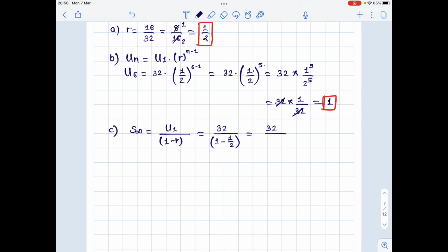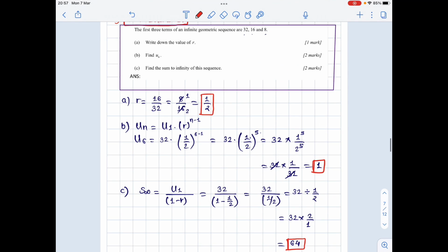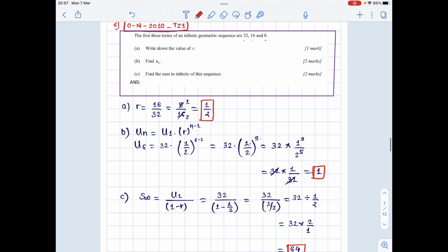It's 32 divided by 1 minus 1 by 2, which is basically 1 by 2. So this becomes 32 divided by 1 over 2. That becomes 32 times 2 over 1, which is 64. So these are the problems we covered in today's video.